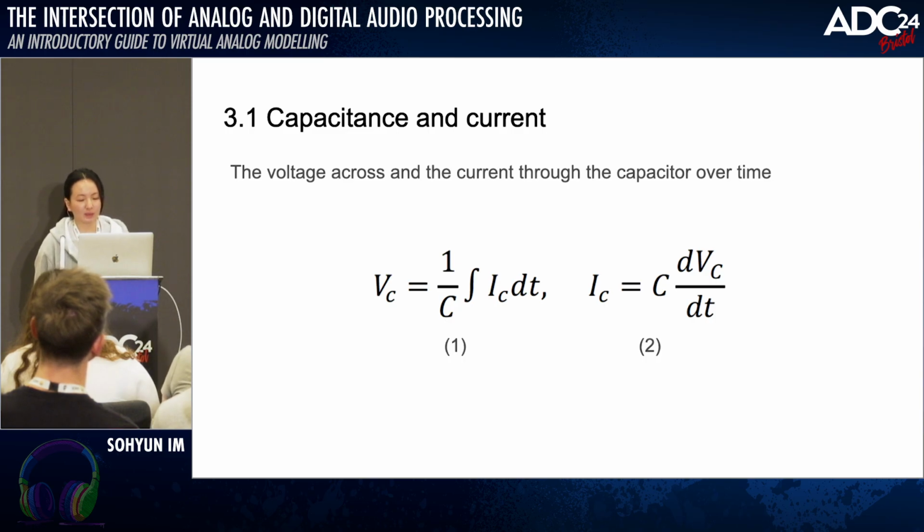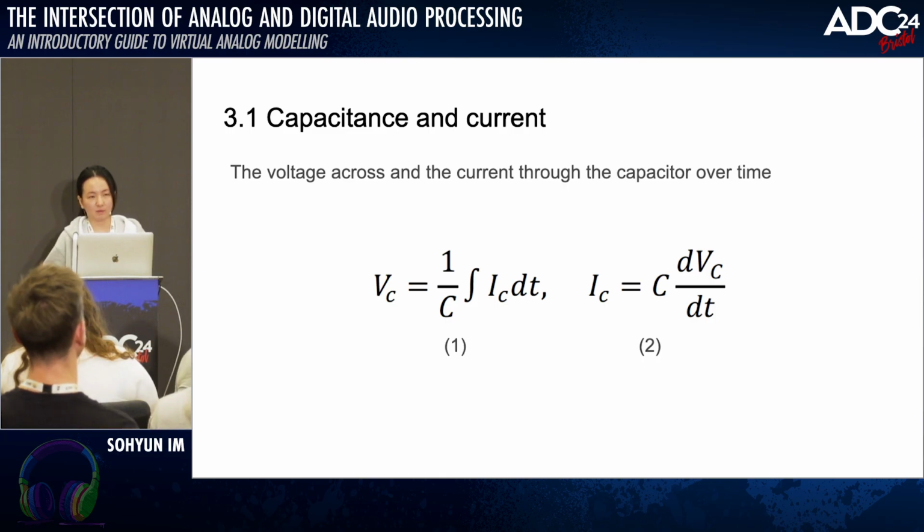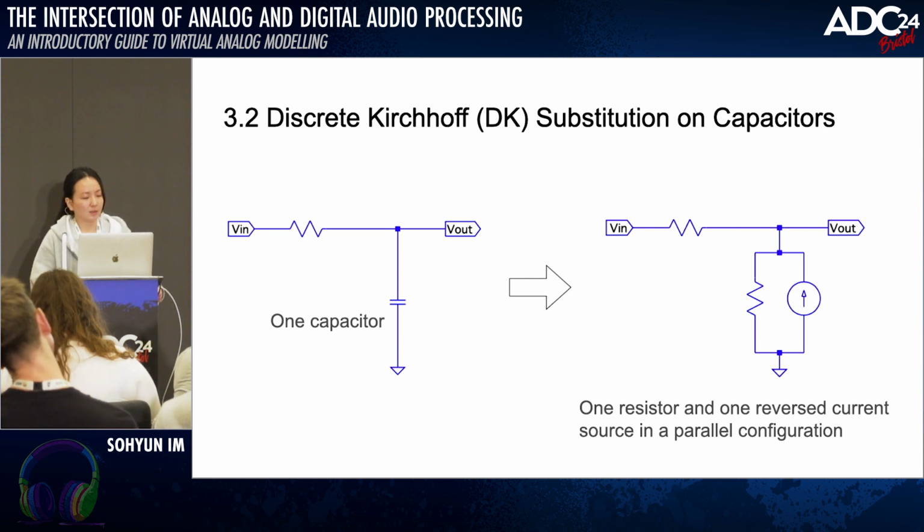As I've mentioned before, these equations are for the analog system. But what we want to know is the equations for a discrete system, because we want to create a digital signal processor. Not over time, but by each discrete sample, so that we can use the equations to achieve our VA modeling job. And here, this is called a discrete Kirchhoff substitution on a capacitor.